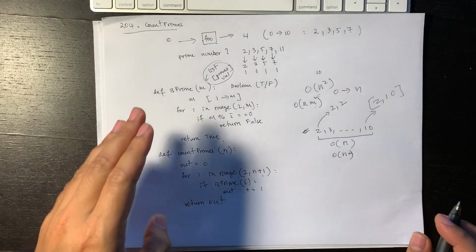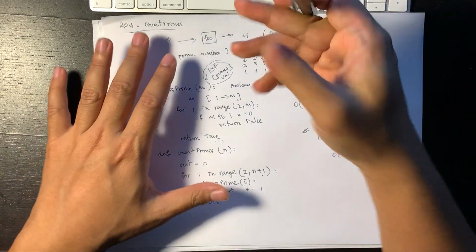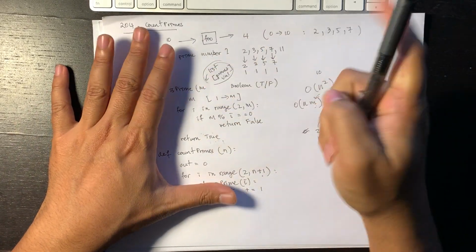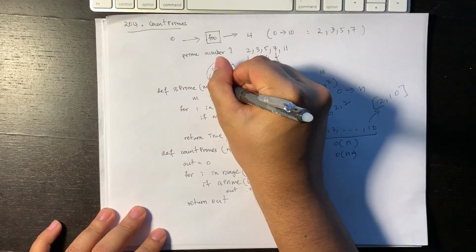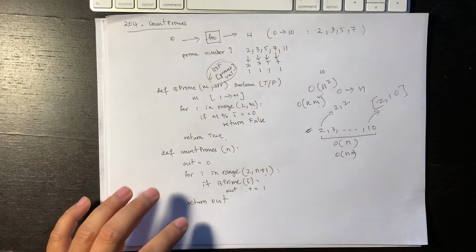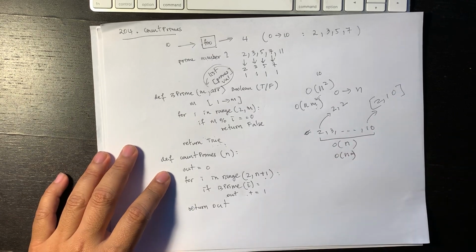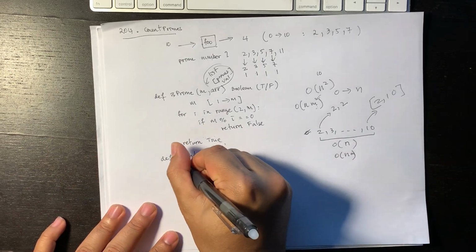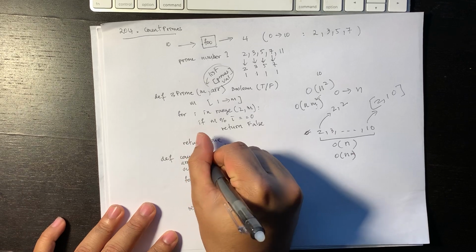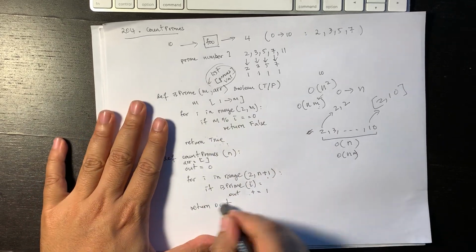I can modify this code a little bit. I can create another array, and right here we say array is equal to empty.